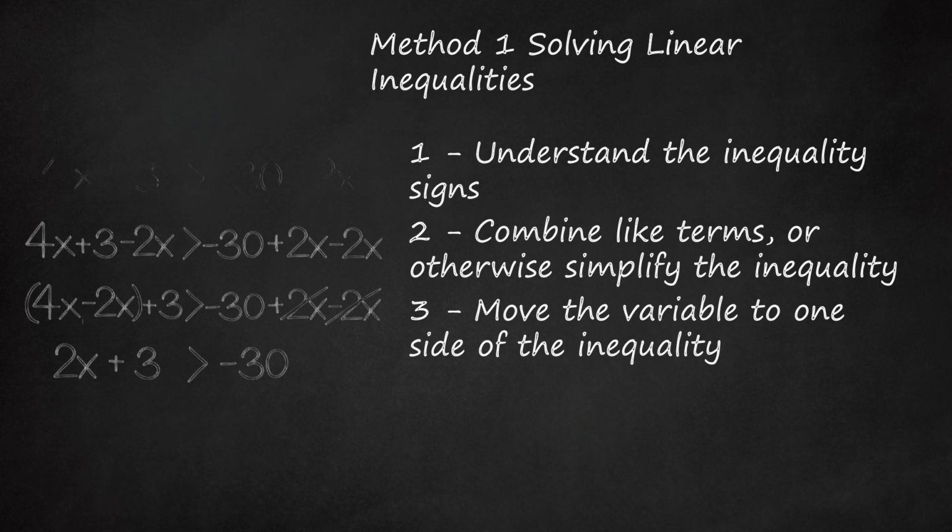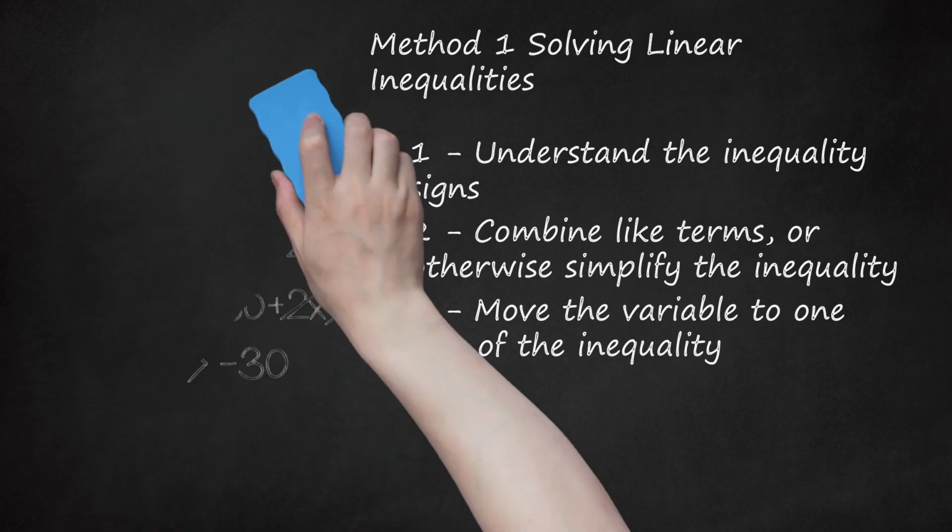For example, in the inequality 4x + 3 > 30 + 2x, to move the variable to one side, you would subtract 2x from both sides of the inequality: 4x + 3 - 2x > 30 + 2x - 2x, which gives 2x + 3 > 30.